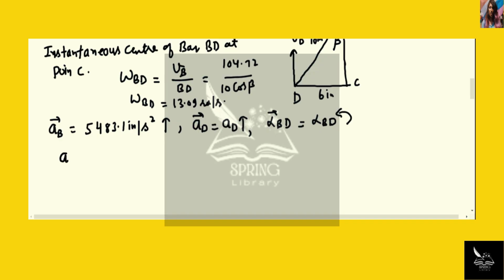So the acceleration of D with respect to B point can be written as BD alpha BD in this direction, plus BD omega square BD in this direction.